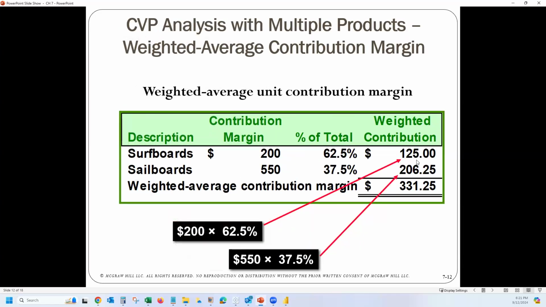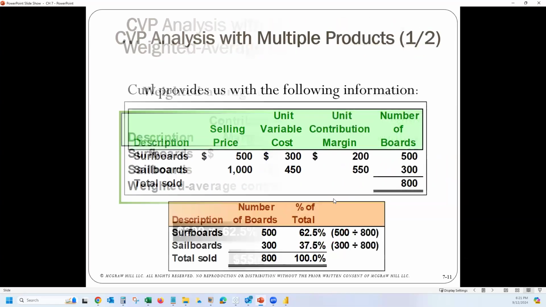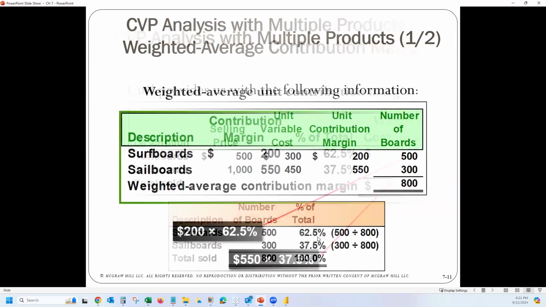And that is going to result in $125 for the softboard and $206.25 for the salesboard. So combined would be $331.25. Okay, so that is the same as the calculation we did here earlier in this proportion here.